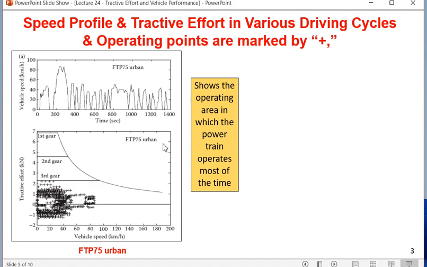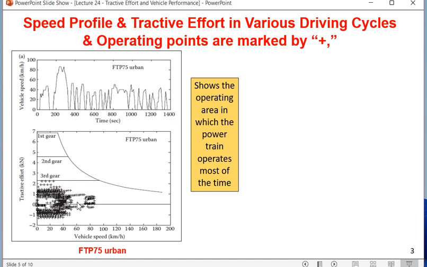So only for 200 seconds the speed is very high. In this case maybe the vehicle has gone into third gear. Here also the speed is not very high, so it is towards the higher side of second gear. Speed is almost around 60.